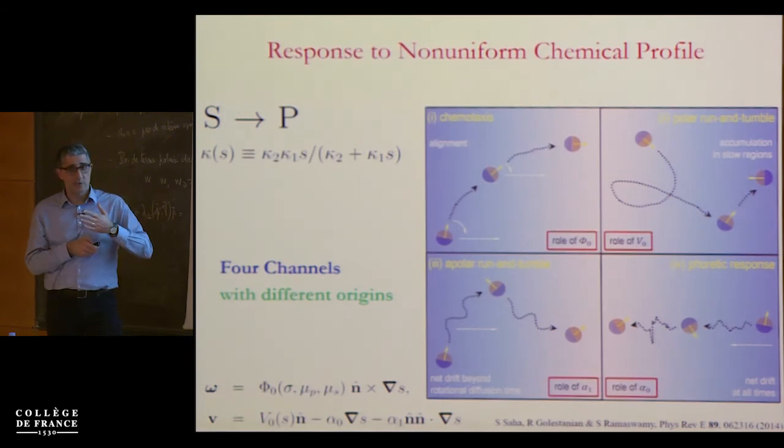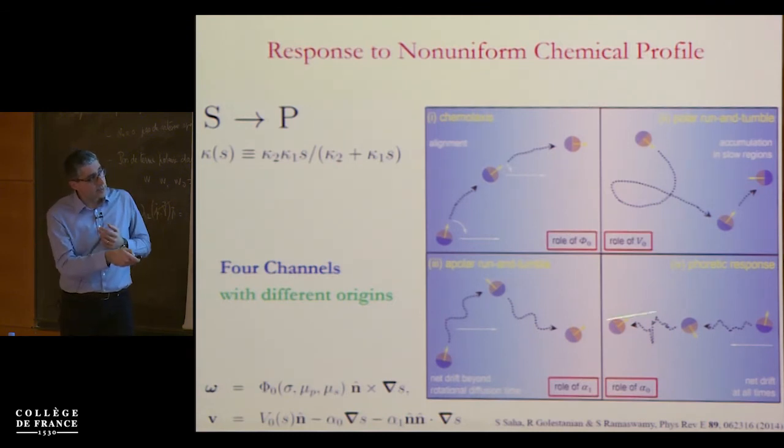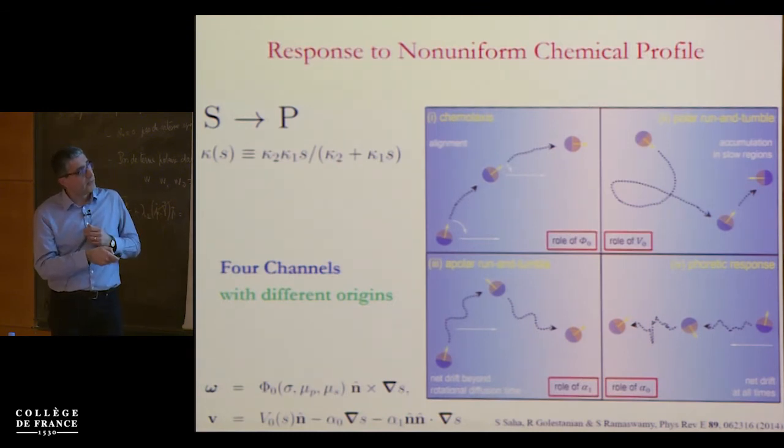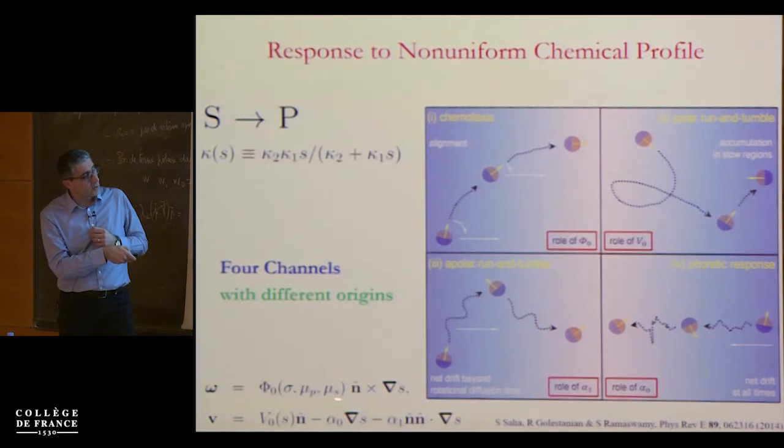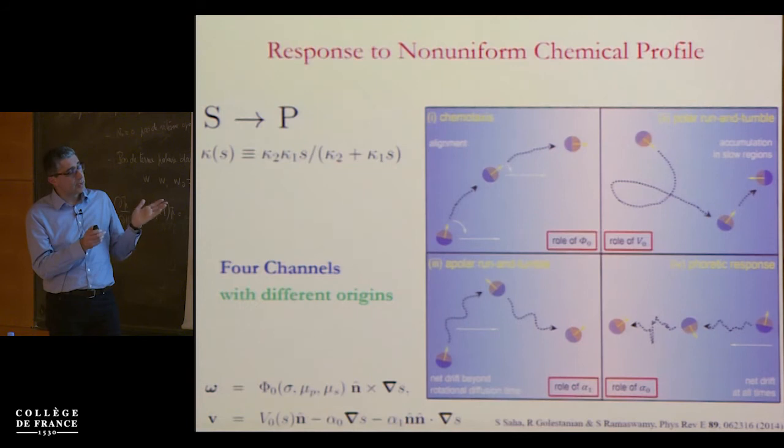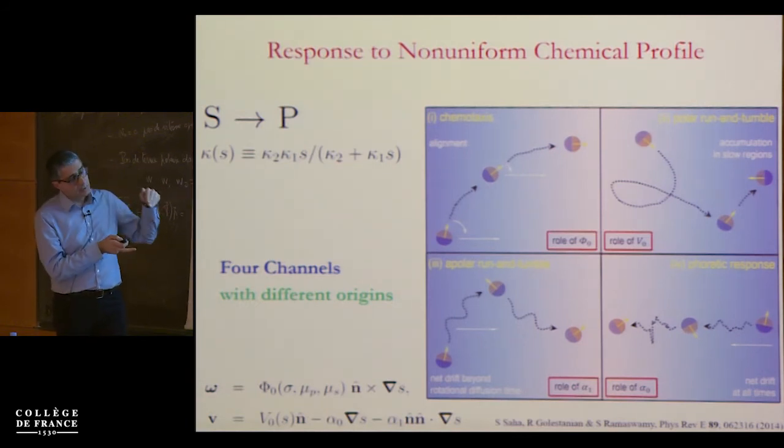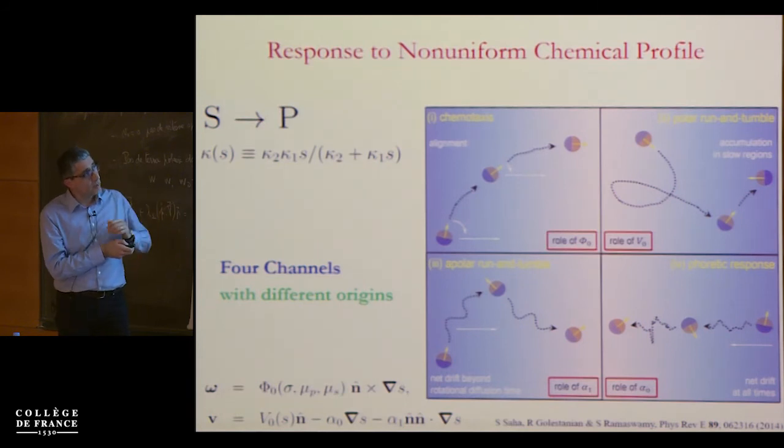So before it was just attraction or repulsion, the translational motion, and that mode still exists. But if you have polarity, you can have this alignment interaction. So you can have an angular velocity which comes from the orientation of the colloid and the gradient, and that will create a situation where the colloid will align with the gradient and then swim towards it, or swim away from it.